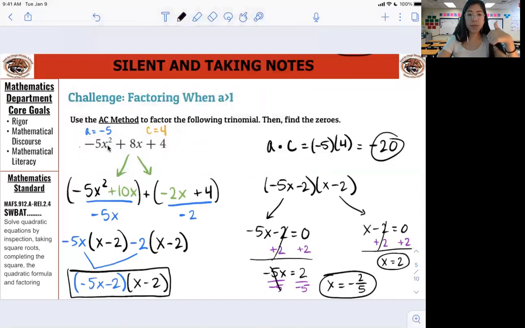From standard form, what else do we know? What else do I know about this function just by looking at the numbers? This is standard form. What does standard form tell me?